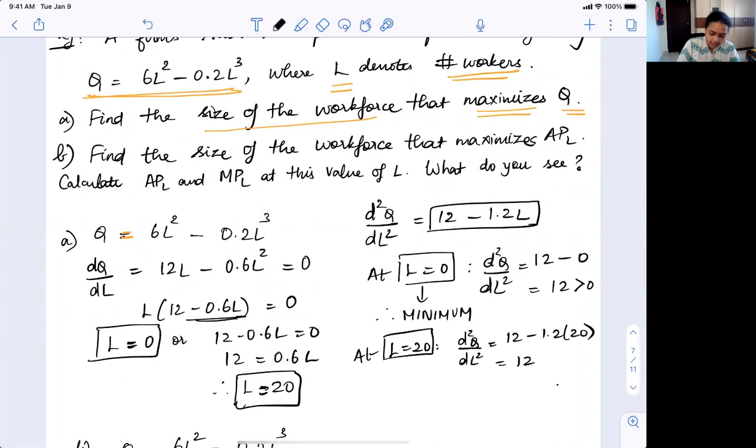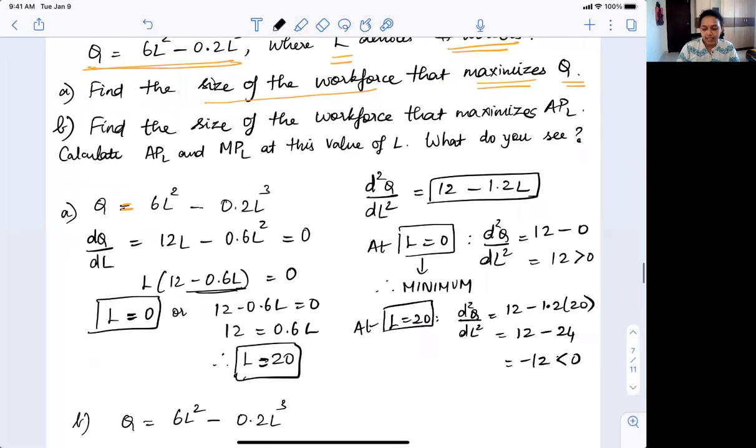This is 12 minus 24, so you have minus 12, less than 0. Therefore, if the second derivative is negative, we know that we're talking about a maximum. Therefore, the size of the workforce that maximizes Q is L equal to 20. That's the answer.